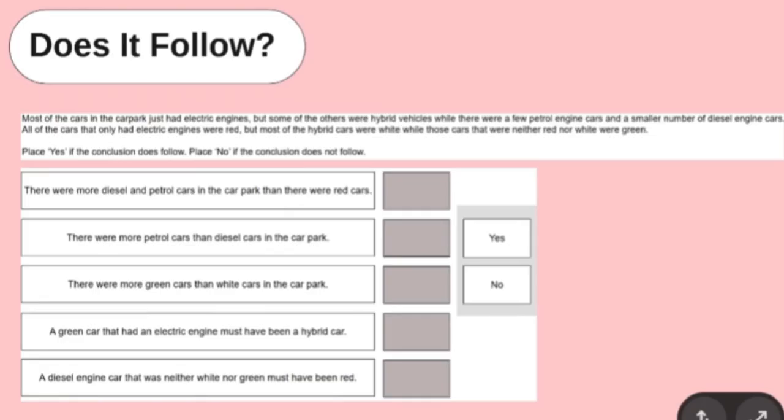So for this one, you want to be a bit more suspicious of the statements. Yes, they are longer, but they also have a few words that might trip people out, and that's pretty common.